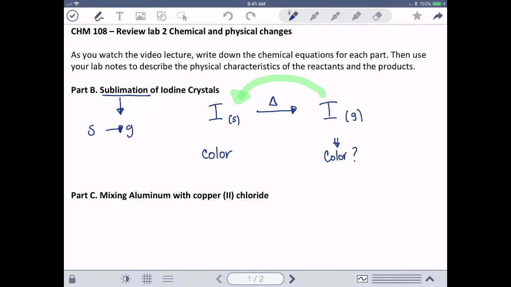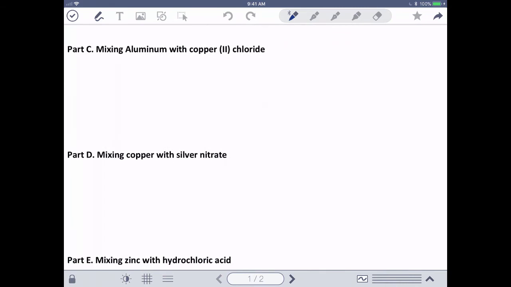Now let's look at part C. You mixed aluminum, which was an aluminum solid, with a copper chloride solution.